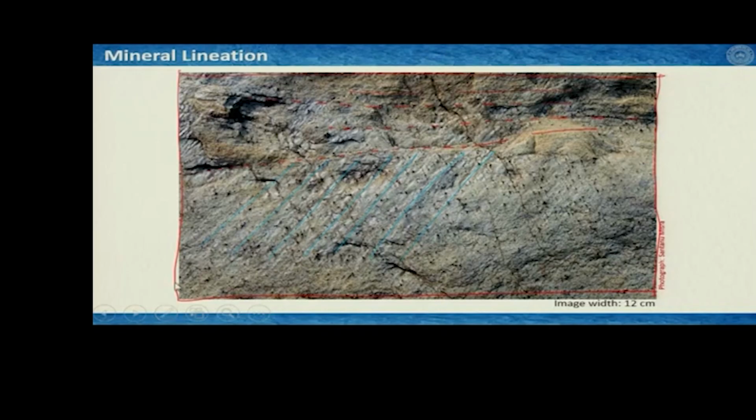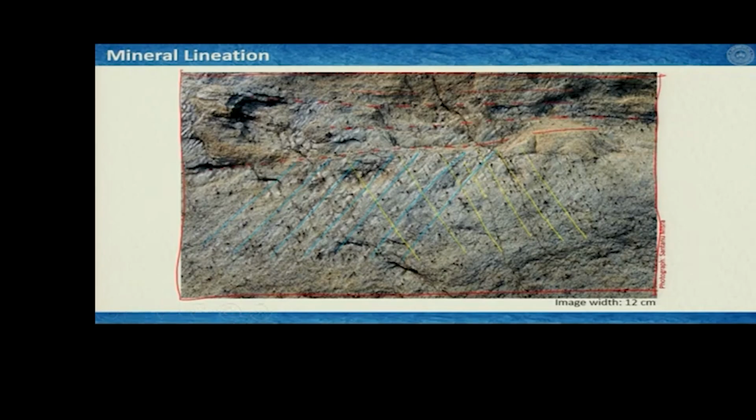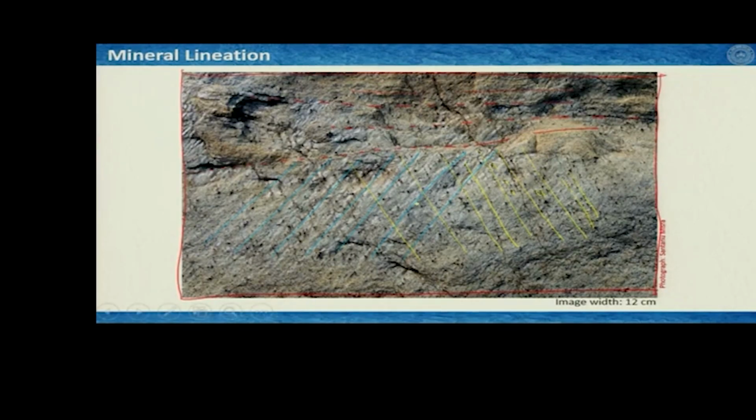And very interestingly, mineral lineations, you can see these are oriented like this. These yellow lines. So, the minerals you can see, these are elongated, stretched, and they are also defining a lineation.